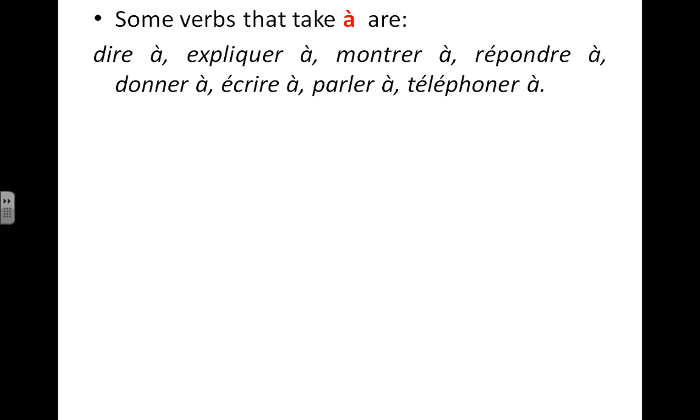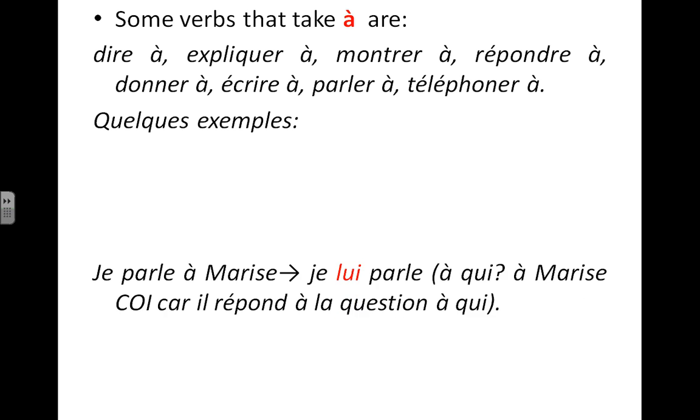So: dire à, expliquer à, montrer à, répondre à, donner à, écrire à, parler à, téléphoner à. These are some of them. Okay, so let's explore some examples to see how to apply these verbs.